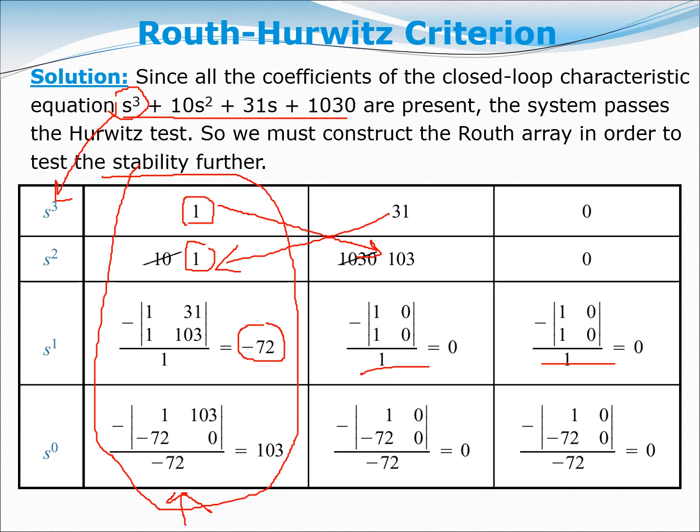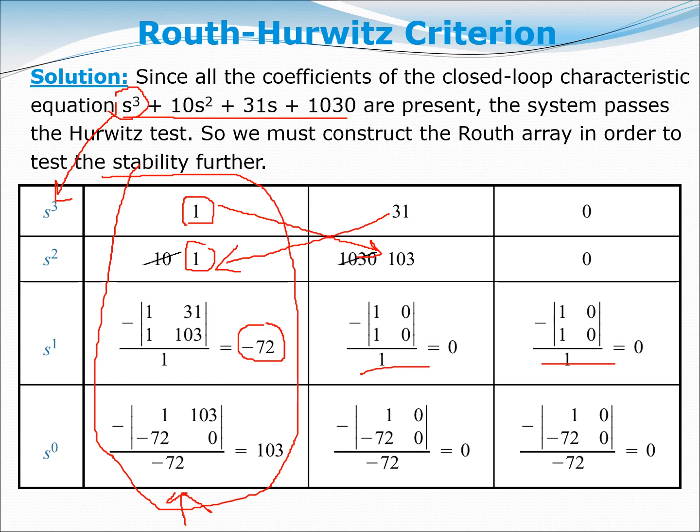Before this it was positive 1, then it changes to negative. So there is a sign change here, a one-time sign change from positive 1 to minus 72. And for the fourth row, the value we get is positive 103.